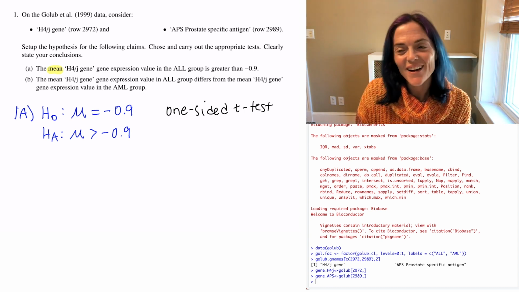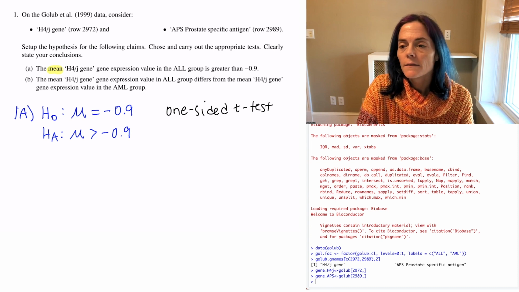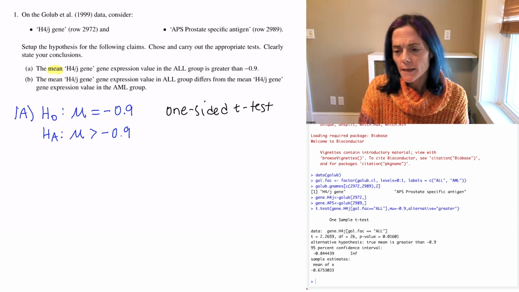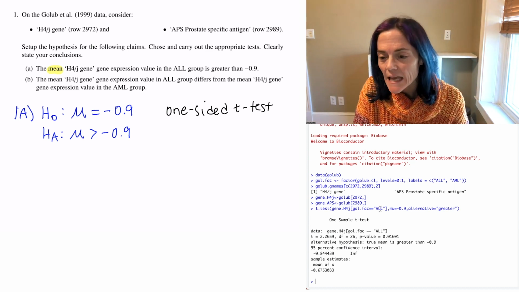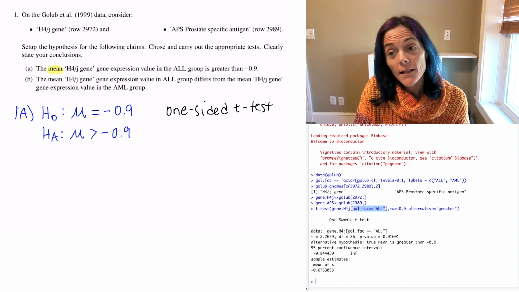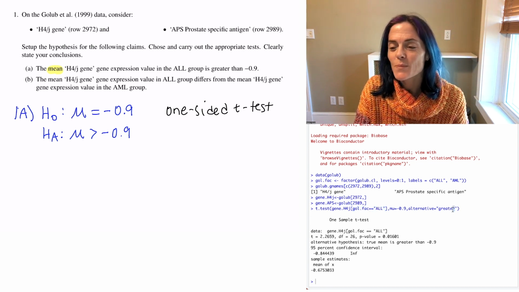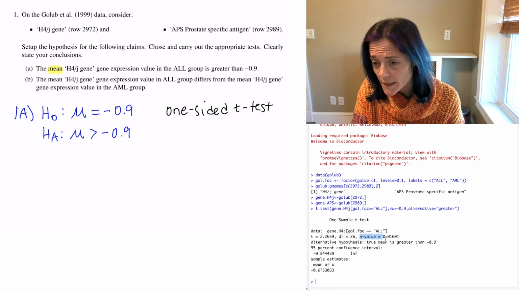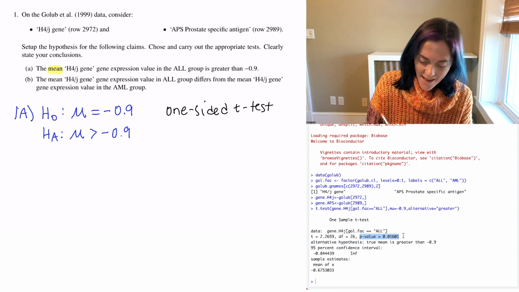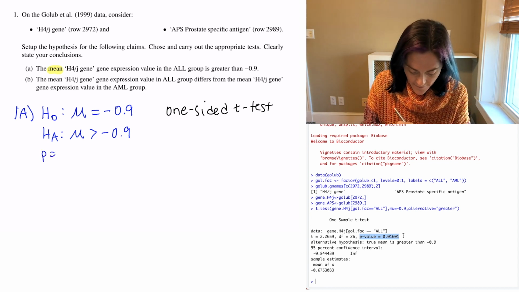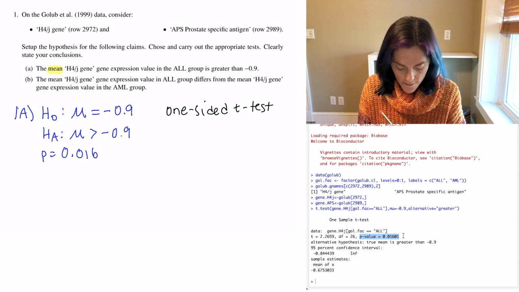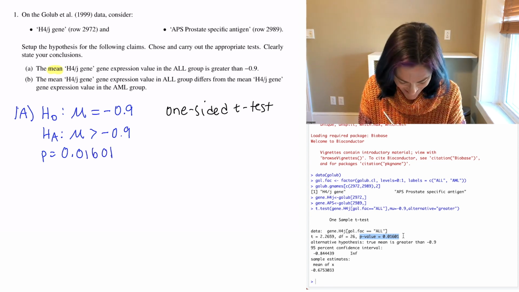Let's do this in R. What I have specified in this line is that I'm using the ALL patients, and my alternative is greater, a one-sided t-test. My p-value is right here, so let's write this. We get p is 0.01601.